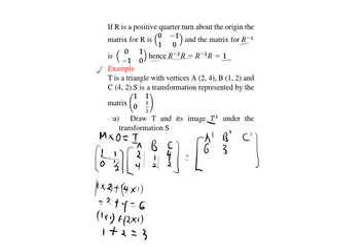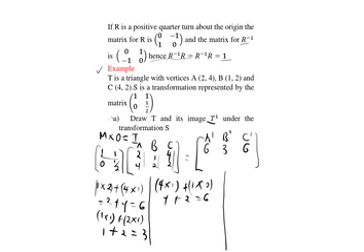For the C prime, we take the first row multiplied by the third column. So we have 4 times 1 plus 1 times 2. This is 4 plus 2, which is equal to 6. So the x coordinate for C prime is 6.